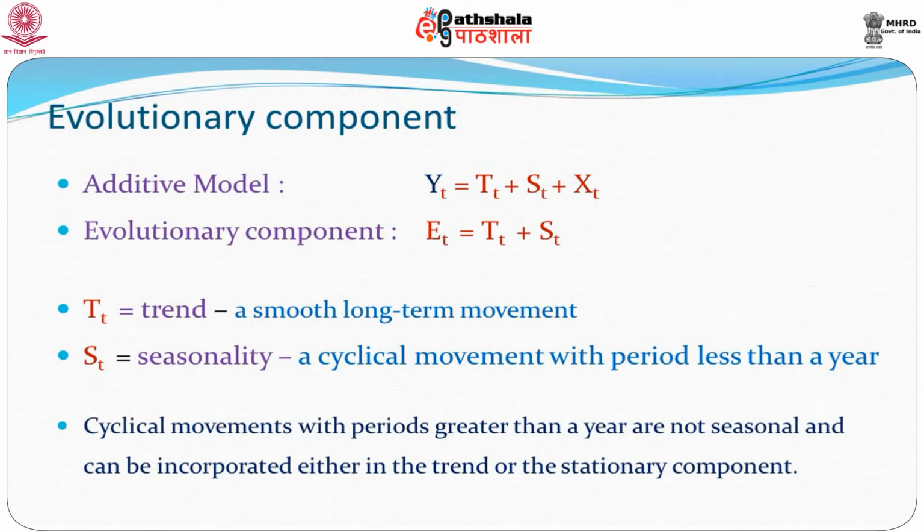These are the highs and lows that businesses have over the years. But this can very often be incorporated into either the trend or the stationary component, and hence in our model we will not be looking at the cyclical component separately. The original classical models had a cyclical component, but later on this was incorporated either with the trend or with the stationary part of the model.